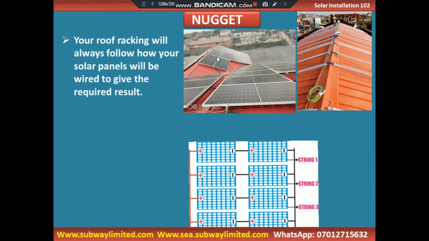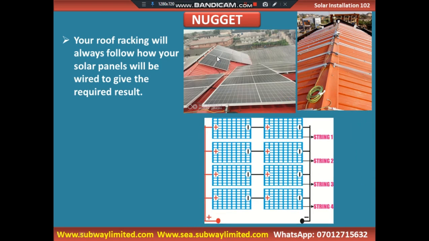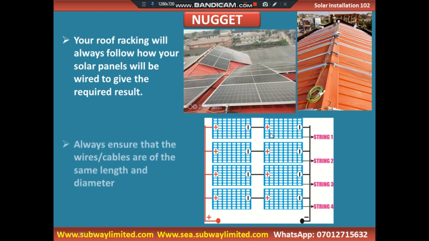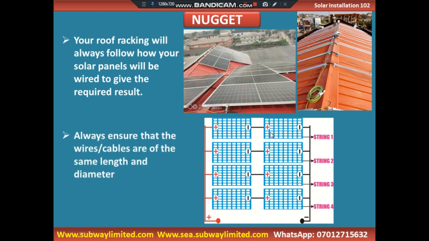And another thing is, if you are having this connection here, always use solar rails. We have said you have to use solar rails when you are talking about your installation. And when you are connecting your solar panels, you have to ensure that wires are of the same length.